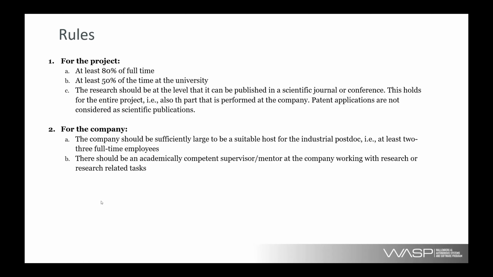The company should be sufficiently large to be a suitable host for an industrial postdoc. And that means at least 2 to 3 full-time employees. I personally think that that is on the low side. I think there should be more, actually. And then there should be an academically competent supervisor or mentor at the company that works with research or research-related tasks.